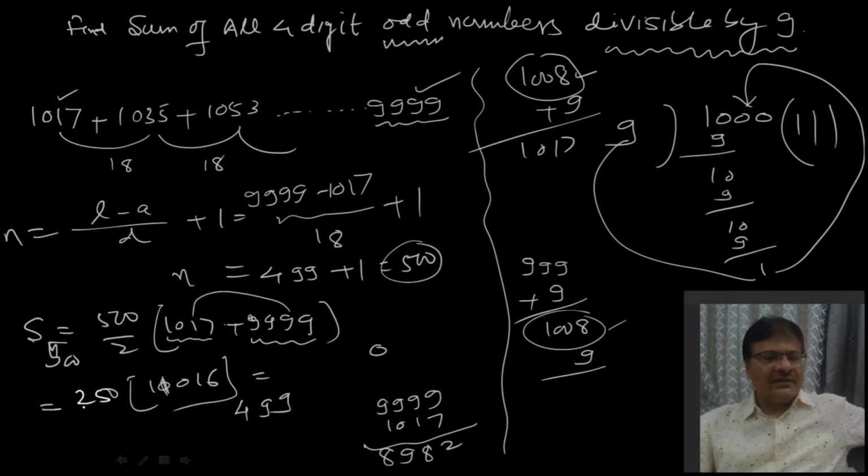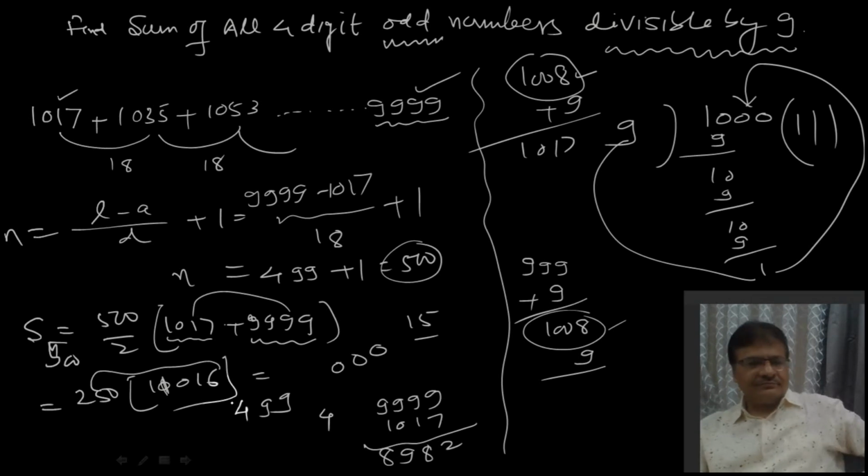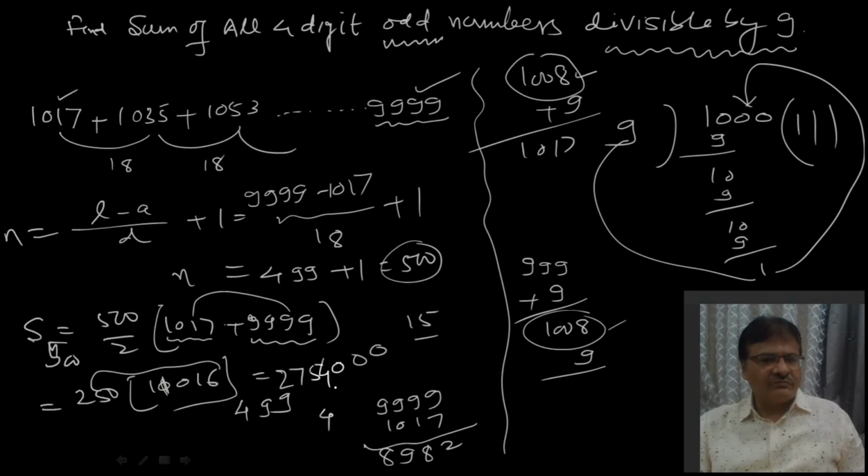Yes, no? And you multiply this, 25 6s are 15, carry over 4. 25 6s are 15, carry over. 2754,000.